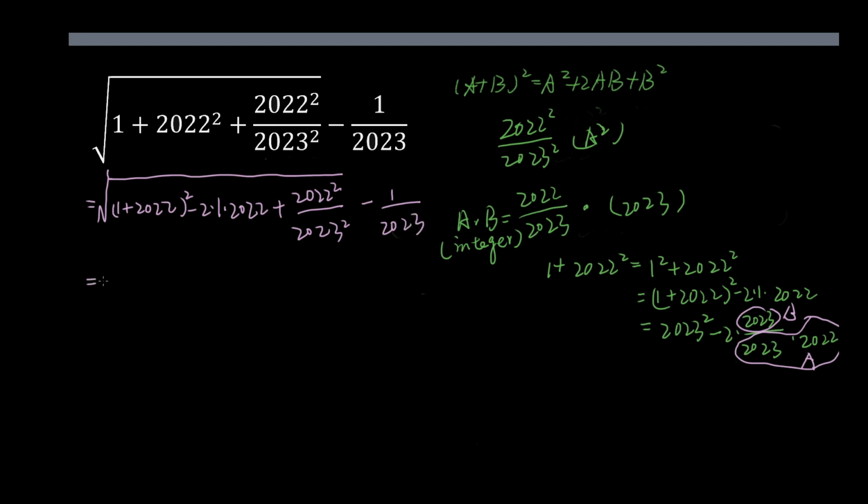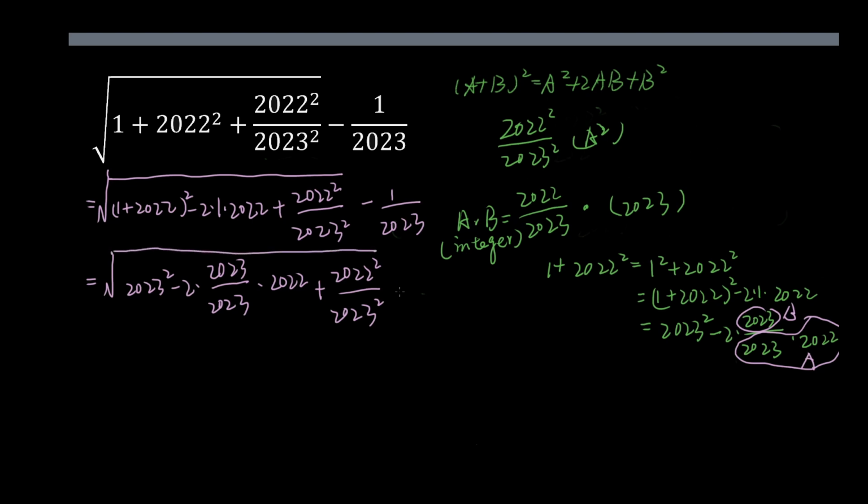That is the square root of 2023 squared minus 2 times 2023 over 2023 times 2022 plus 2022 squared over 2023 squared minus 2001 over 2023.